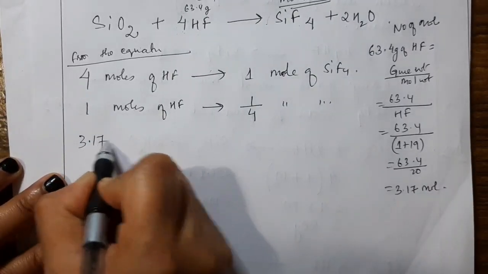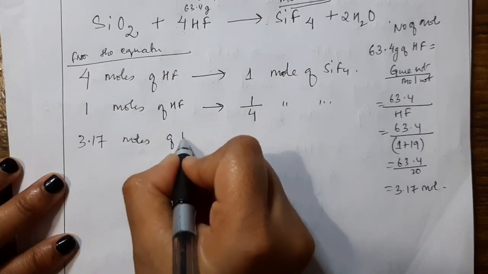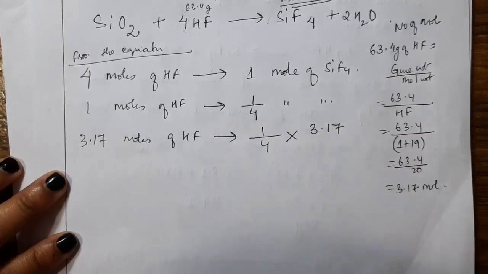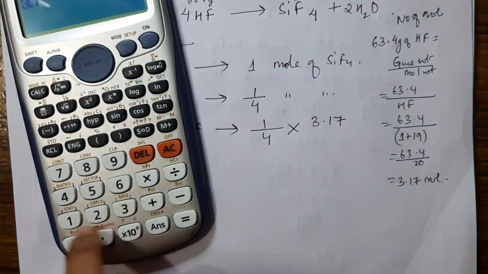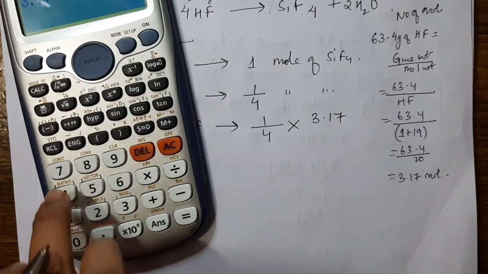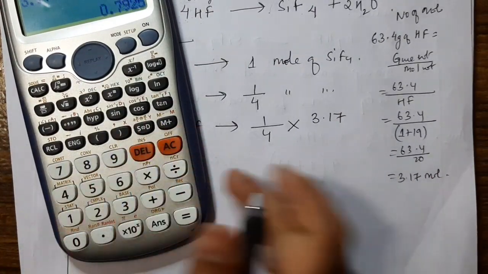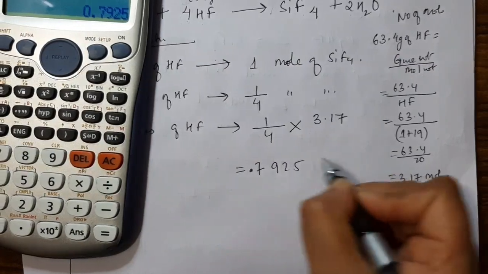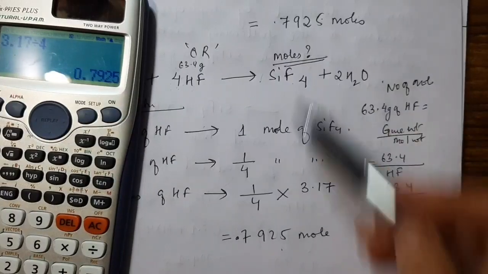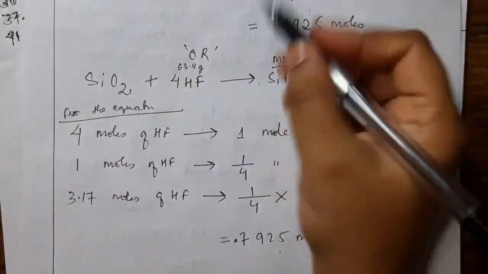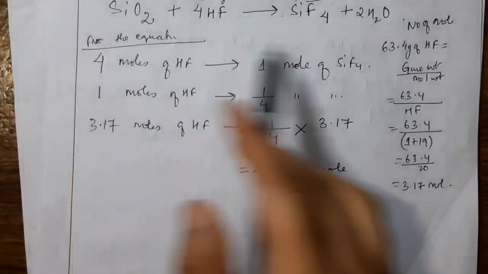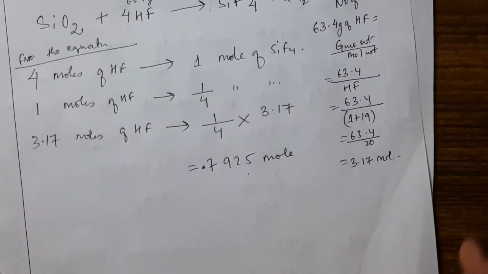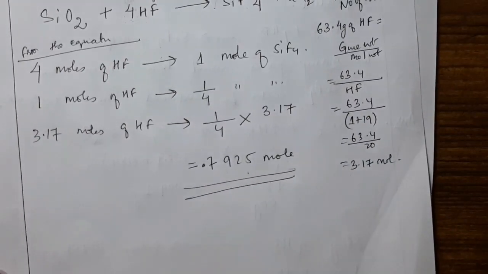So 3.17 moles of HF would give you 1 by 4 into 3.17. So 3.17 divided by 4 would give you 0.7925 moles. Same, we got the same number. So this way also you can do from the equation, or the other way, your choice. So that is how we find out.